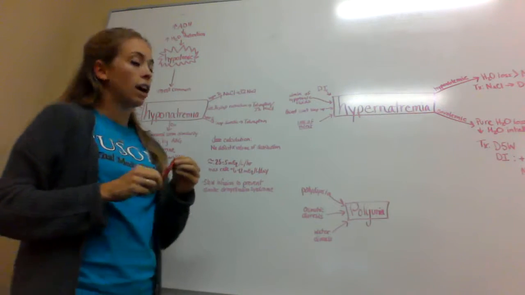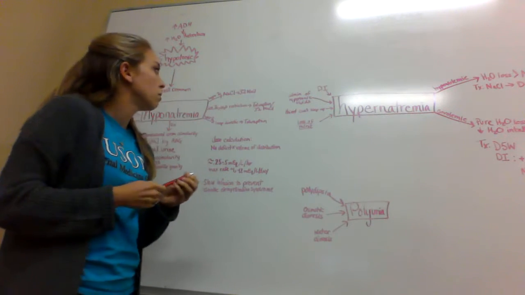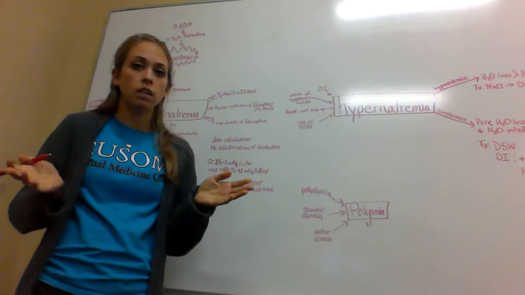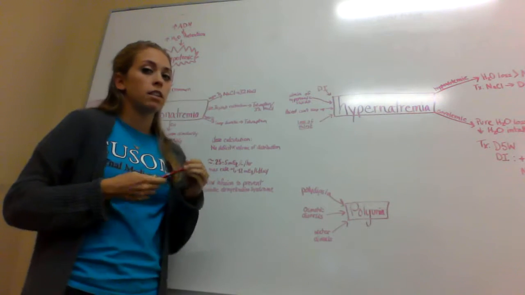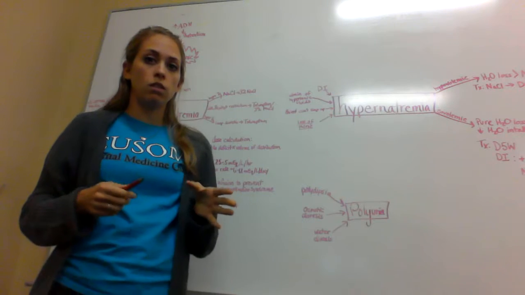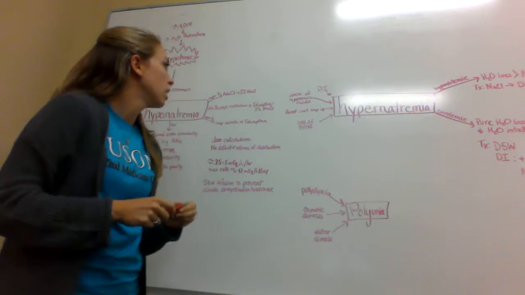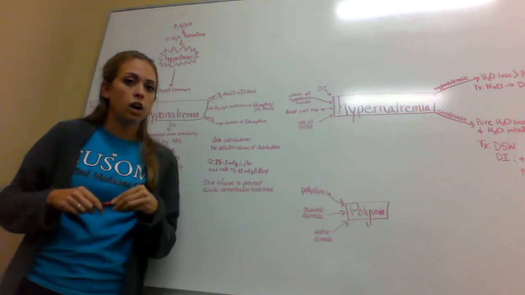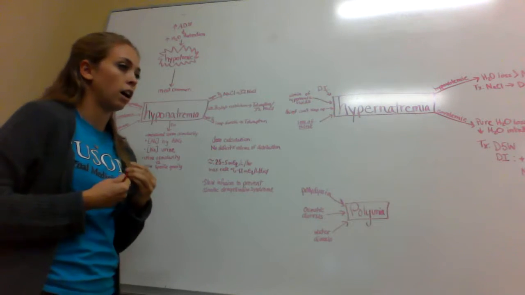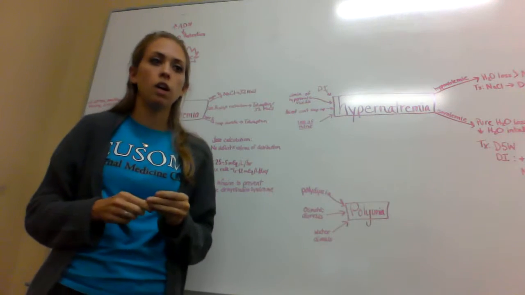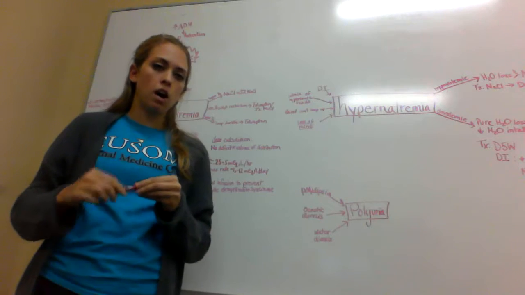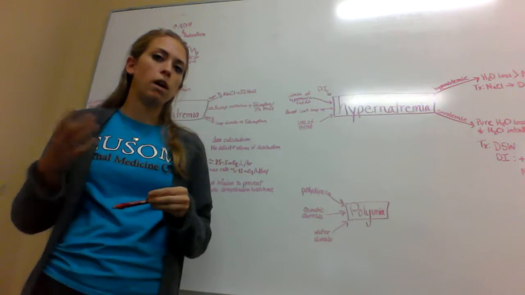If you have hypovolemic, the treatment is going to be normal saline, sodium chloride, and if it's severe, you would use 3% sodium chloride. If you have isotonic, you would treat with just water restriction because the most common cause of isotonic hyponatremia would be polydipsia.